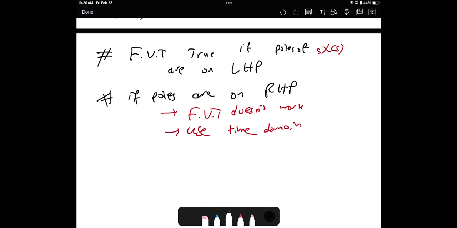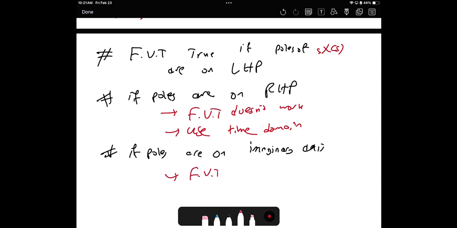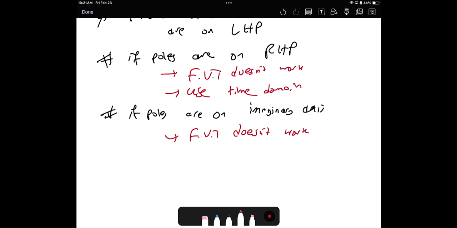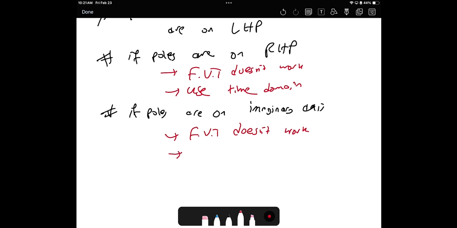Now, the other case is if poles are on the imaginary axis only. In this situation, the final value theorem cannot work, and we will say that x of infinity cannot be computed, or does not exist.